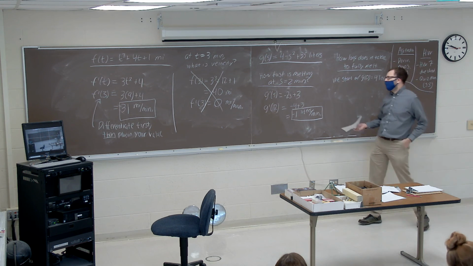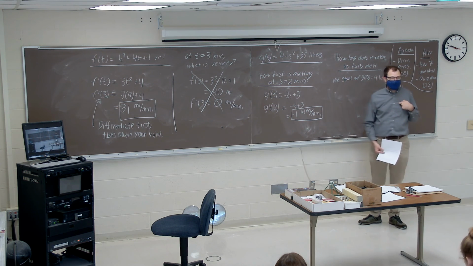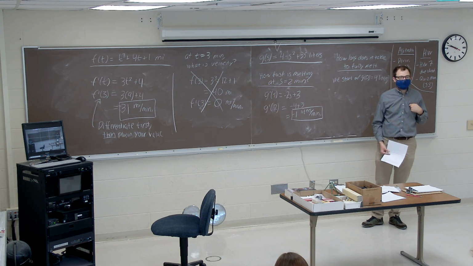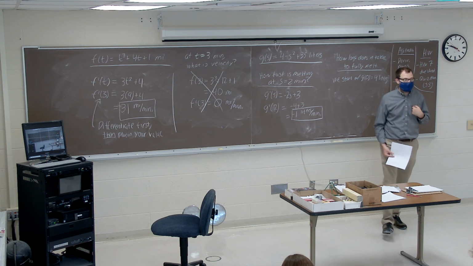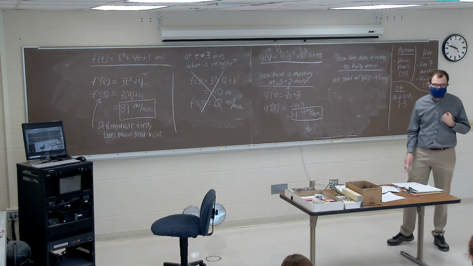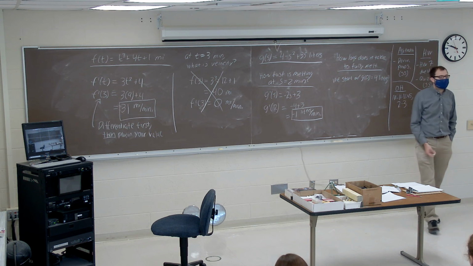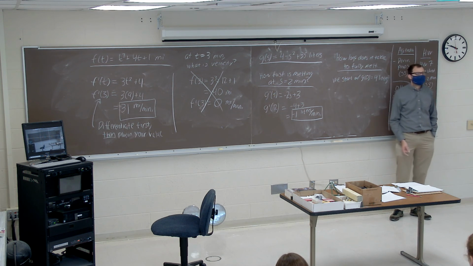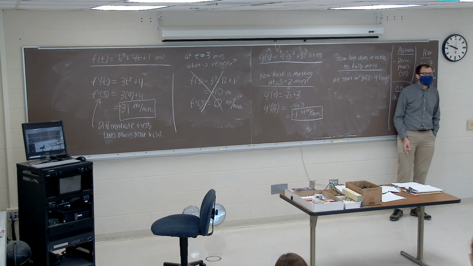One of these two functions we have, g of s or g prime of s, should be equal to some constant at the point in time where it's fully melted. So when the ice cream is fully melted, what can we say about its volume?